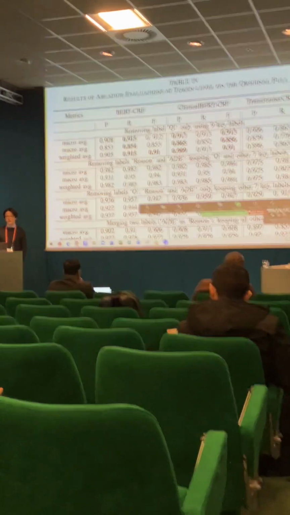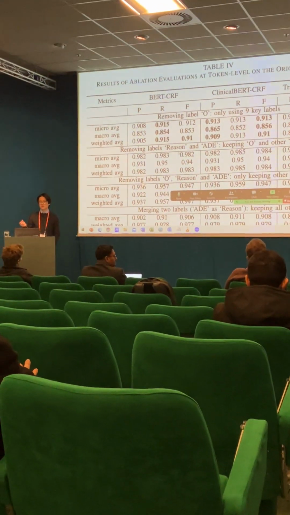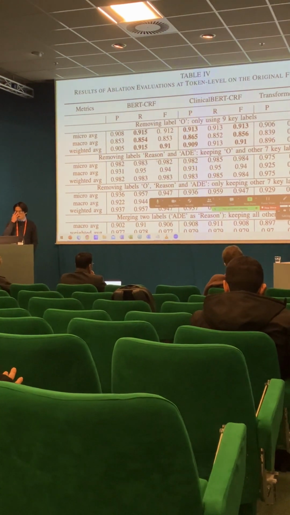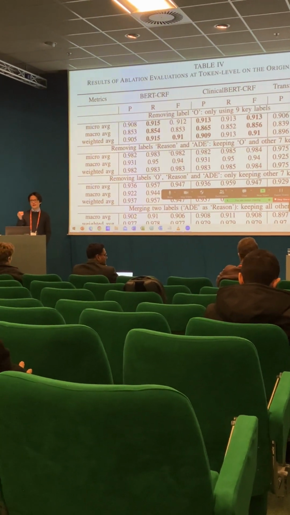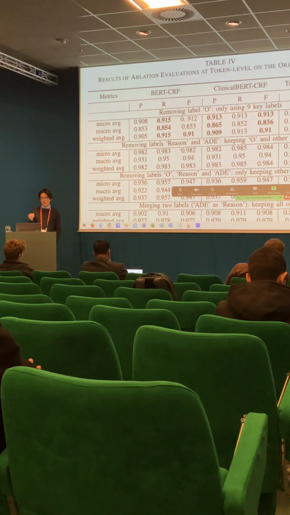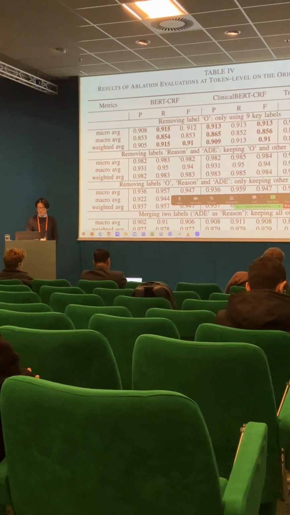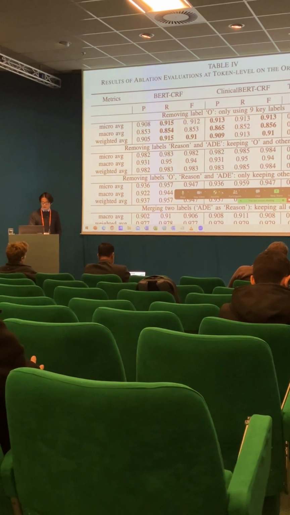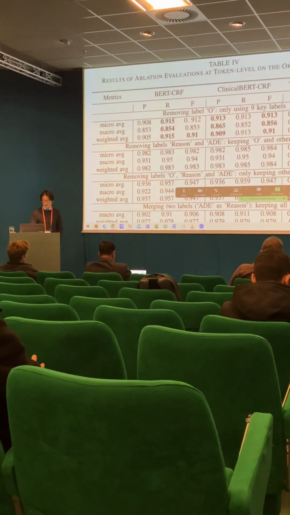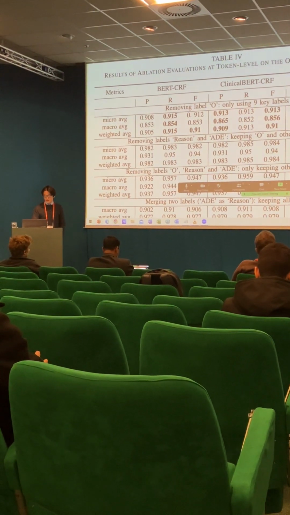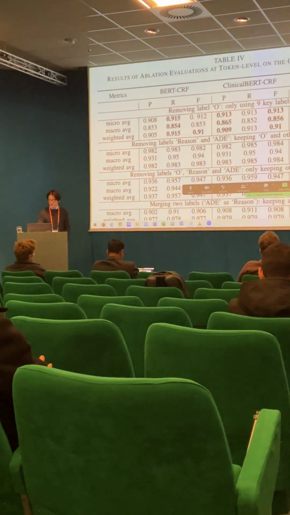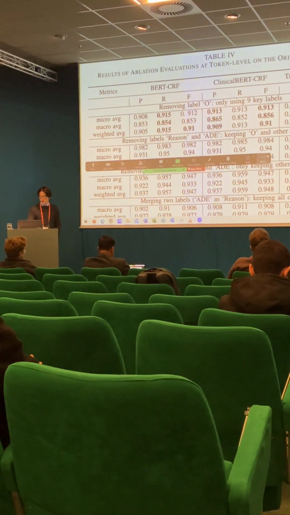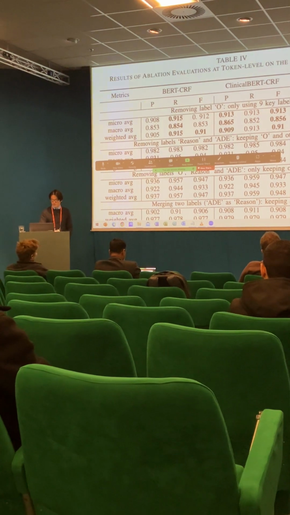Also, adverse drug effects can be more diverse. That's why the model performs less accurately on these two categories than others. When we remove O, the context, and reason and ADE, you will see the performance is much higher, more than 90%.